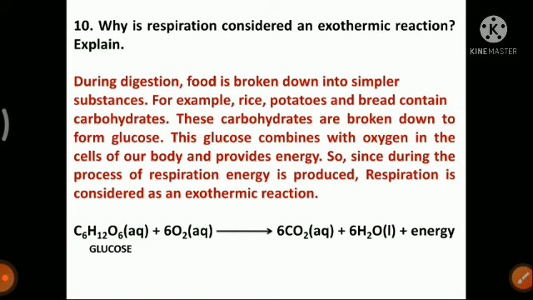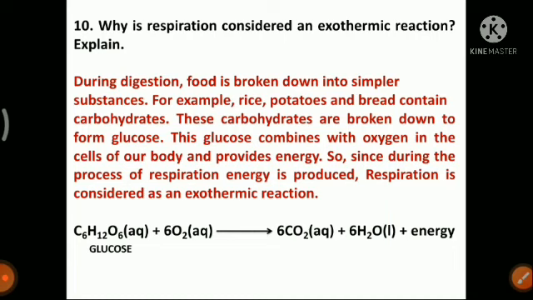Question number 10. Why is respiration considered as an exothermic reaction? Because what is respiration? Respiration includes digestion as well as our breathing process. That is, we are breathing in oxygen, and how that oxygen is helping us to digest our food. All this together, it includes respiration.